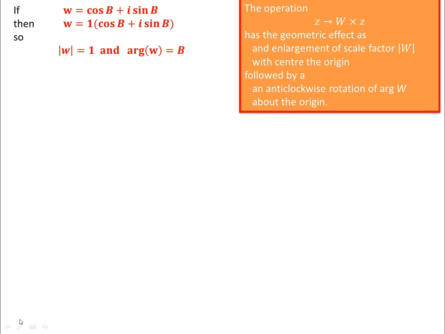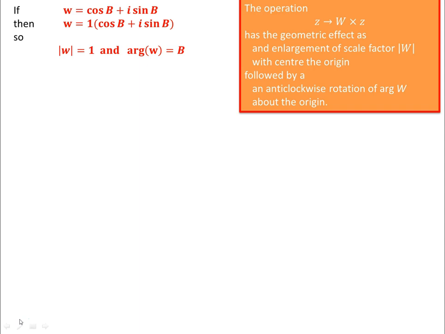Now from what we saw earlier on in the video, the operation z goes to w times z has the geometric effect of an enlargement of scale factor mod w, followed by a rotation anticlockwise of arg w. Well, an enlargement of scale factor 1 just leaves z entirely alone.